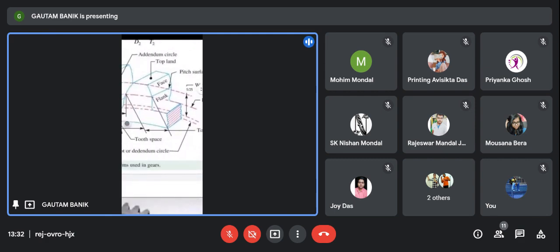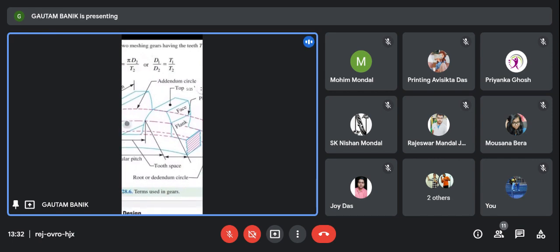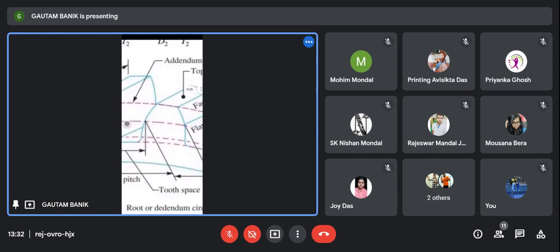And this is the tooth thickness. Because you know the flank surface of the gear is actually not a circular arc.